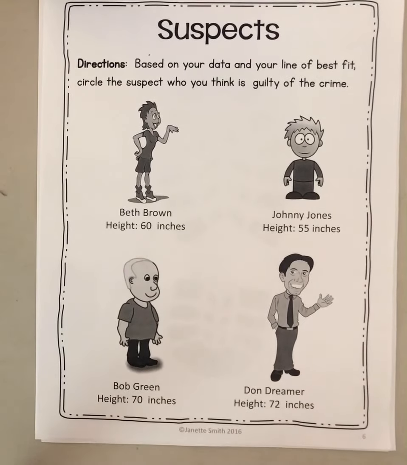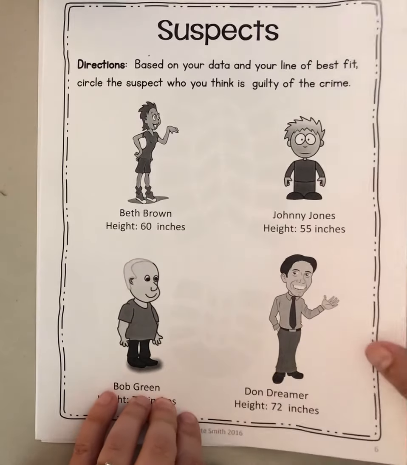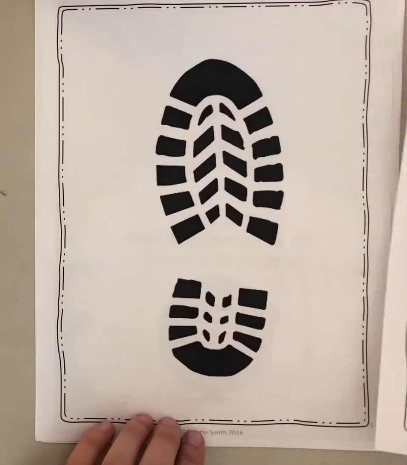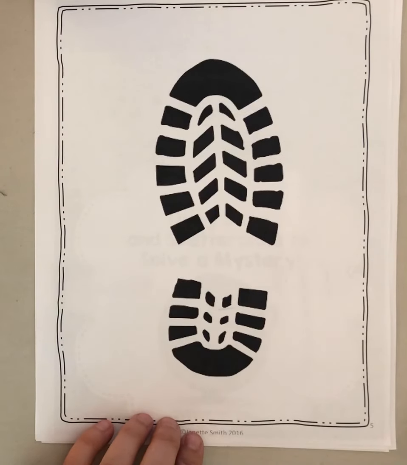So here are our suspects. It says, using the data that's provided and the idea that there is a direct relationship between height and foot size, create a graph of the data and use it to help you solve the mystery. So we need to decide which of these four top suspects match up with that shoe print.